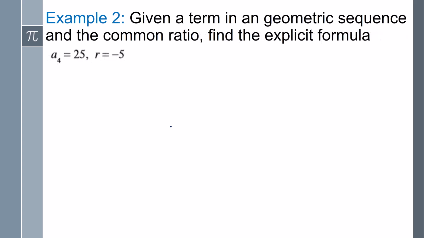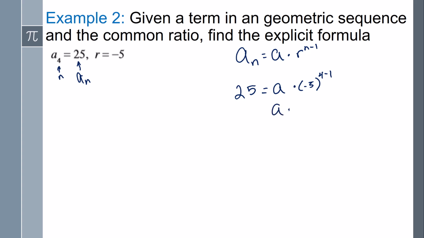Now we're going to do the same thing, except now we're going to find the geometric sequence. So the geometric sequence is a sub n equals my first term times r to the n minus 1. Well, it tells me my r is negative 5, and then here's my n, and then here is my a sub n. So 25 equals a times r to the n minus 1.